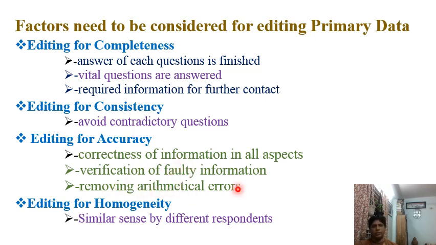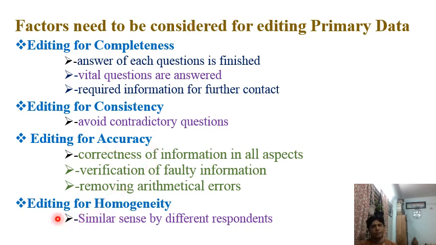Removing arithmetical errors: if any arithmetical error happened during the calculation or other things, we must correct it. So these three things: correctness of information, verification of faulty information, and removing arithmetical errors are called accuracy. And this is the third major step for editing data.